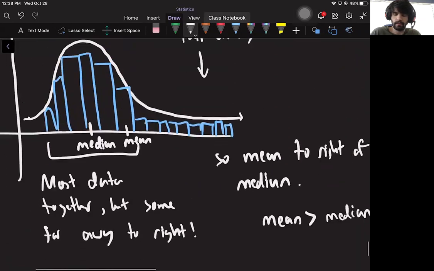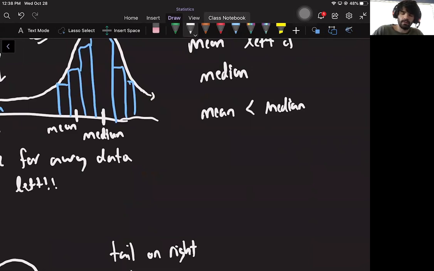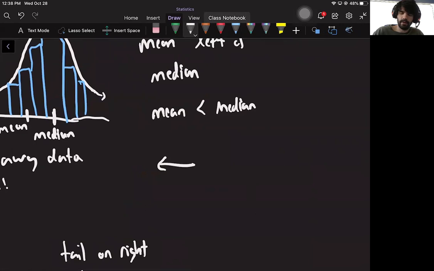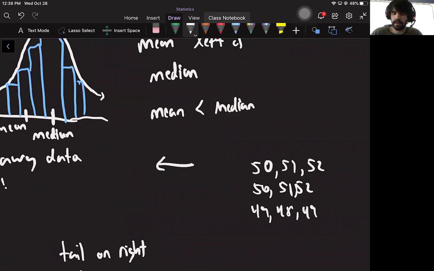So just to give you some specific examples, in something like this, you would have a bunch of data points, maybe around 50. So you have like 50, 51. I'm not going to do a whole bunch. But maybe you have a whole bunch of these guys. Maybe that's your data.